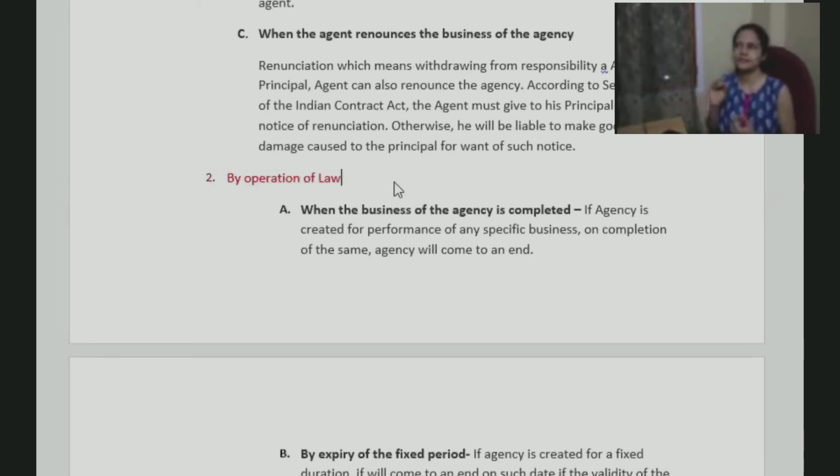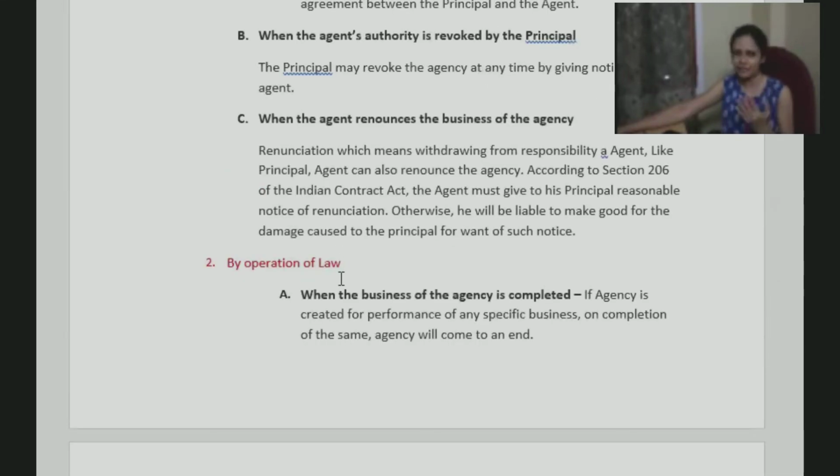That means there may be some provision in the agreement itself, or some law applied to them, and as a result there is an end to the agency relationship. So by operation of law, it may mean there is some provision or clause in the agreement, and because of that it is getting terminated.